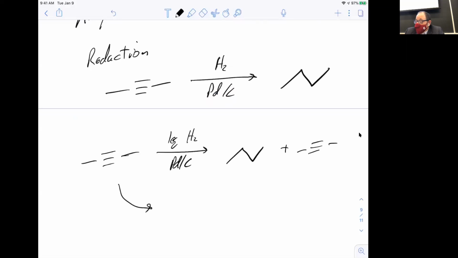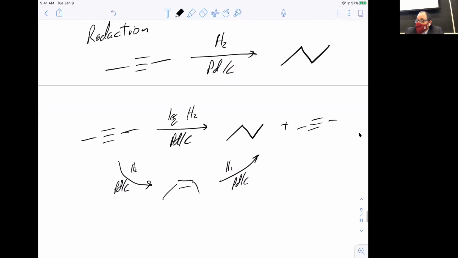That's because the intermediate alkene reacts with hydrogen and palladium faster than the alkyne.